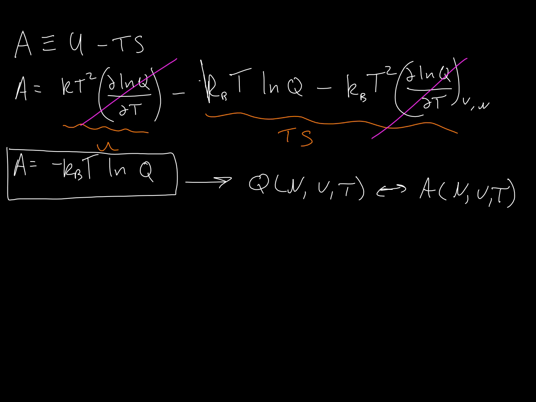So in an NVT system, Helmholtz is easiest to calculate. NPT, Gibbs free energy is easiest to calculate. In this case, the free energy of the system is directly related just to the number of states that you have in the system itself.